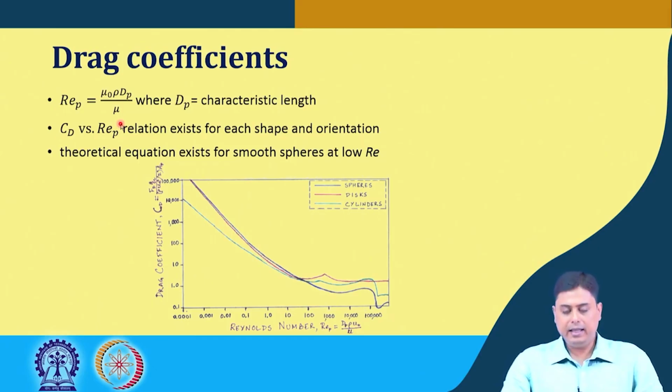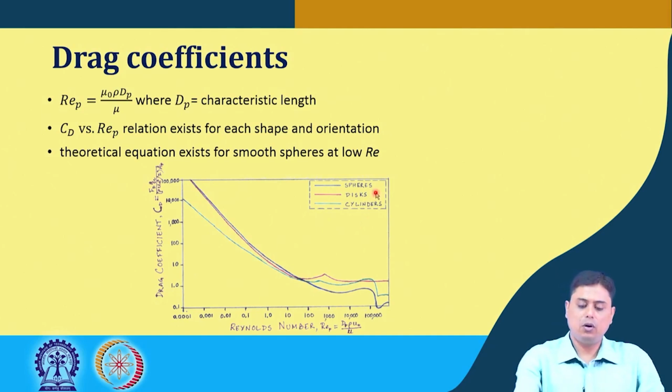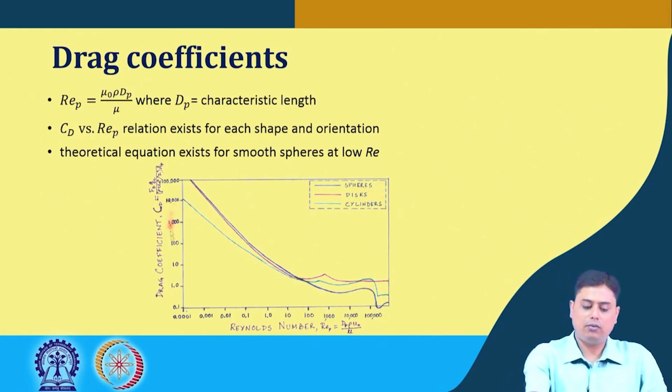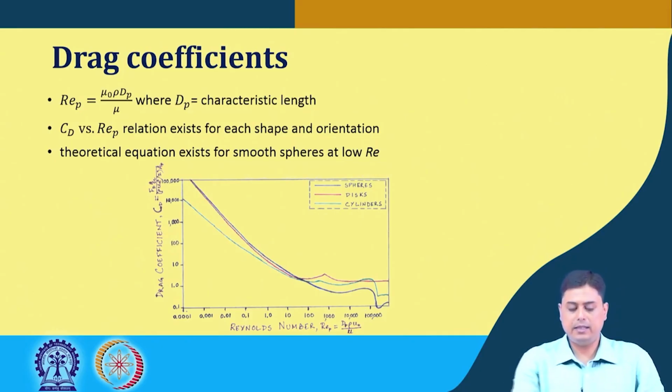Now this CD, the drag coefficient, and particle Reynolds number will have several relations for different shapes and orientations. For example, for a particular orientation of a sphere, a cylinder and a disc in a fluid, this kind of relation between the drag coefficient and the Reynolds number exists. These are plotted in logarithmic axes.